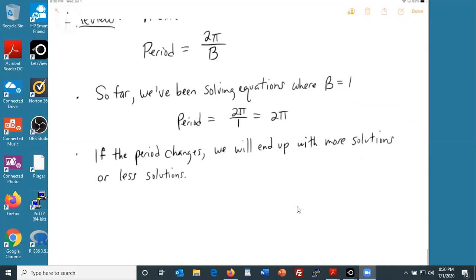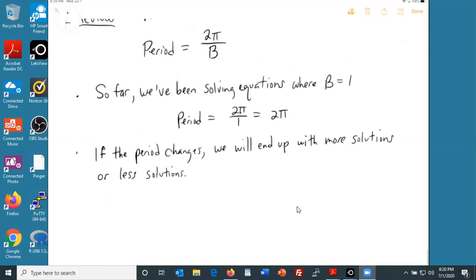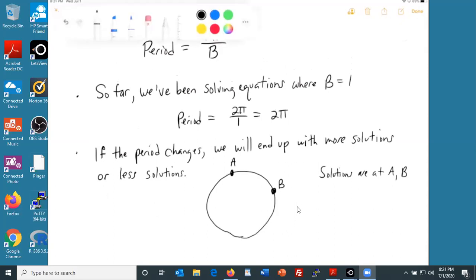So think of it like this. Let's say I'm on a circle, and let's say there's 2 points on the circle, let's call them A and B, that are solutions. So let's say the solutions are at A and B. When your B value is 1, what that means is that if you go around the circle once, you will hit those solutions once.